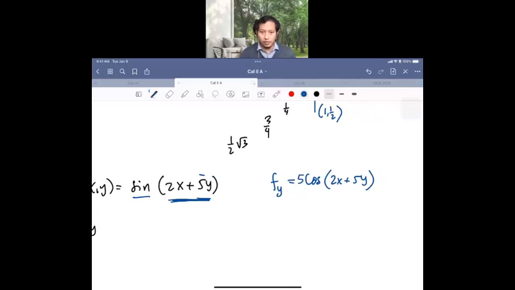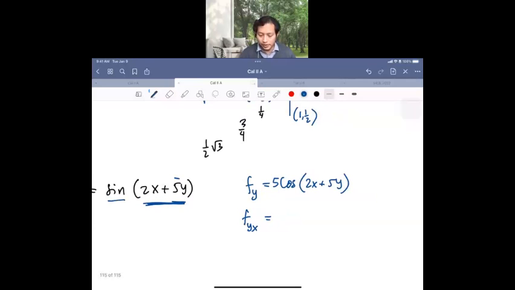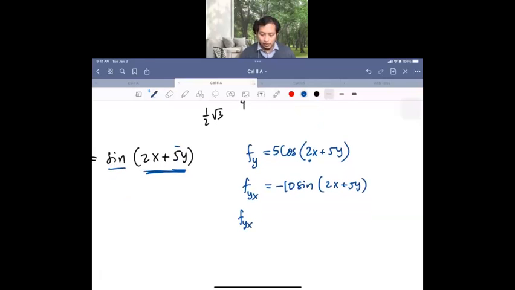That's our partial y. And then partial yx: derive cosine becomes negative sine. So negative sine(2x plus 5y), and then we are using 2, 2 multiplied by 5, it's 10, right? And then we derive with respect to y.